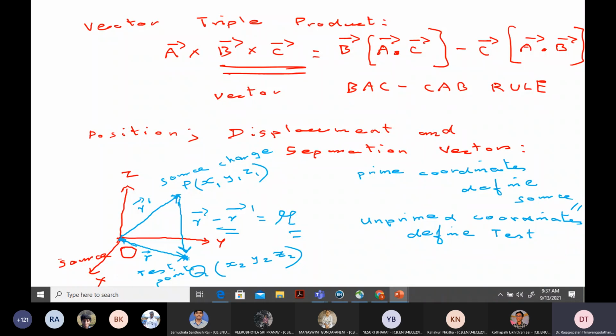Now how do I define the position vector OP? Vector OP is defined as r prime, and it will be x1 x hat plus y1 y hat plus z1 z hat.